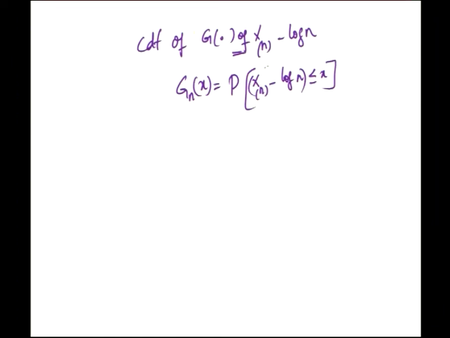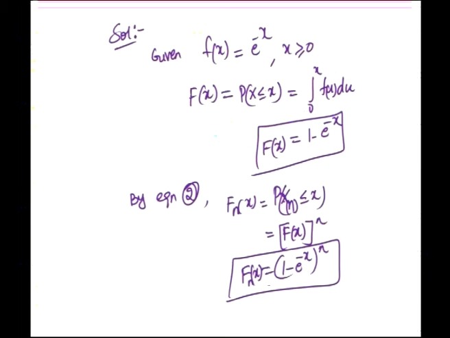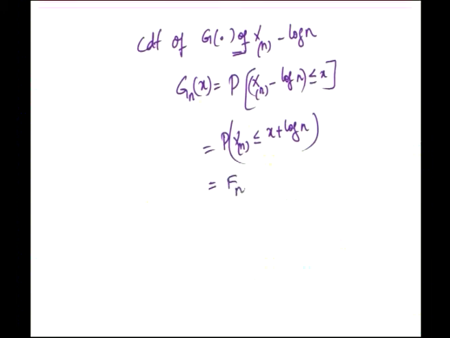Now, in place of x you are having Xn minus log n, which is P(Xn ≤ x plus log n). Just look at the previous one, that is Fn(x). In place of x you are having x plus log n, so this is Fn(x plus log n).